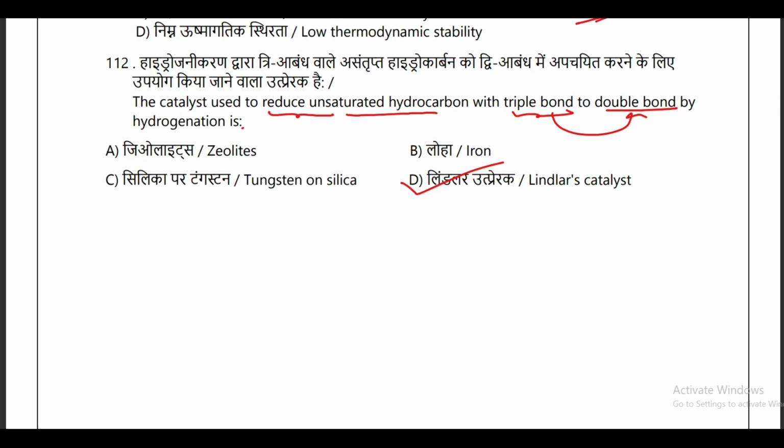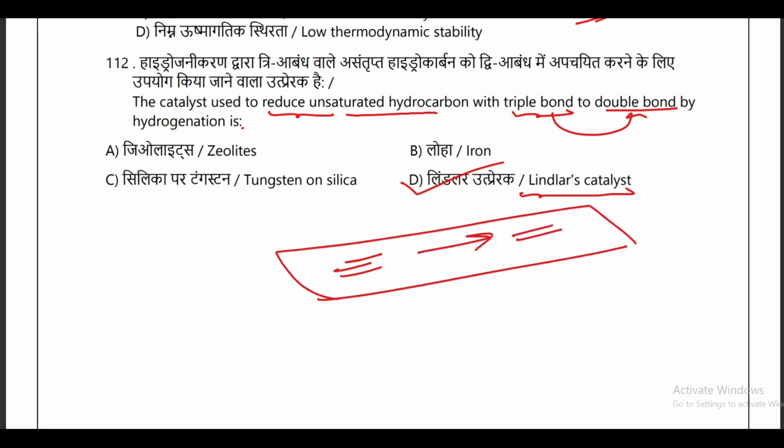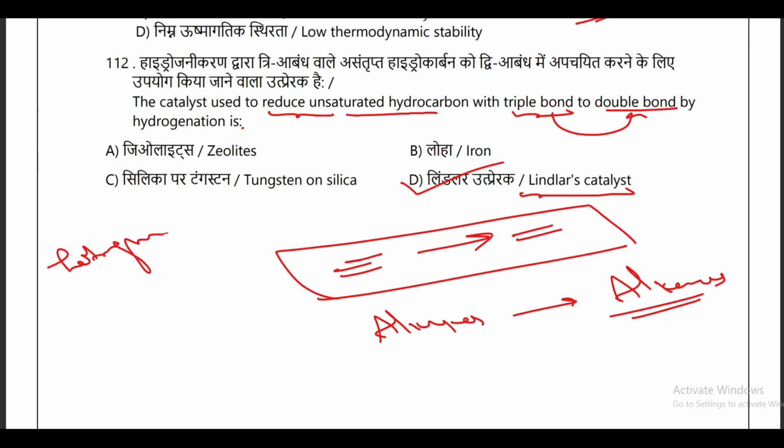So using Lindlar catalyst you can convert a triple bond to double bond. Okay, so you can say alkynes converted into alkenes. So actually Lindlar catalyst is a heterogeneous catalyst, okay?